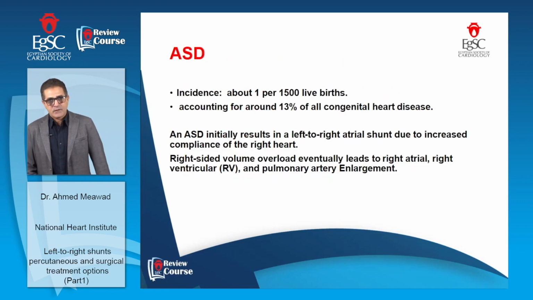In ASD, one of the most common congenital anomalies seen in adult patients, because it is just volume overload, it causes right side dilatation, and the pulmonary hypertension in those patients mostly does not reach the irreversible stage.